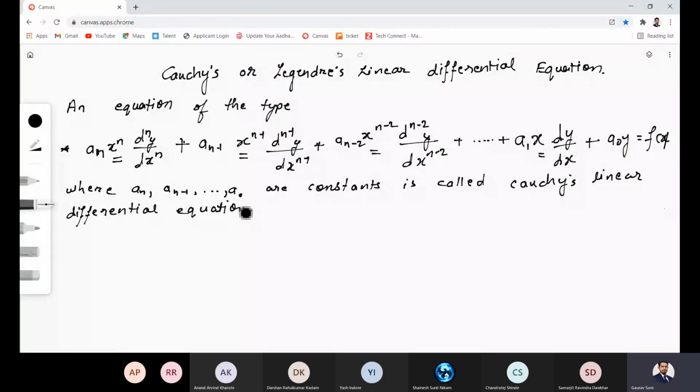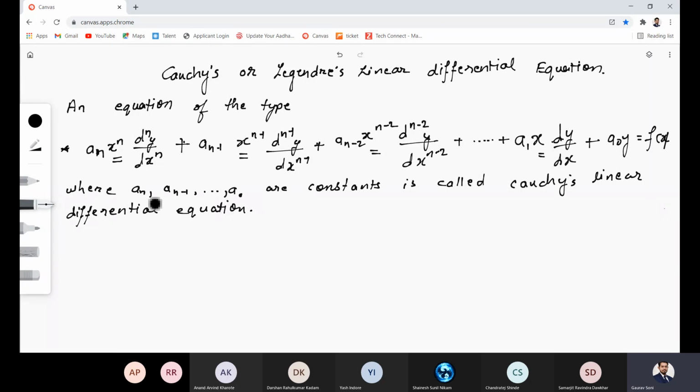So in the given linear differential equation, your coefficients are variable, and those are not any variable. It is of the form x raised to n, x raised to n minus 1, and so on. So what do we do now? Our methods that we have studied till now are not applicable over here since your coefficients are not constant.